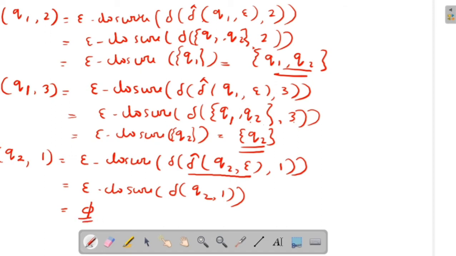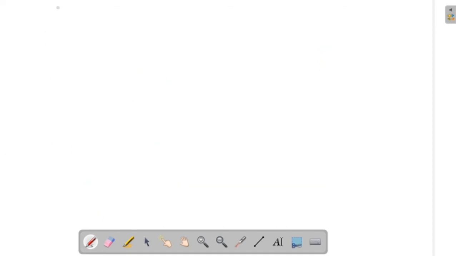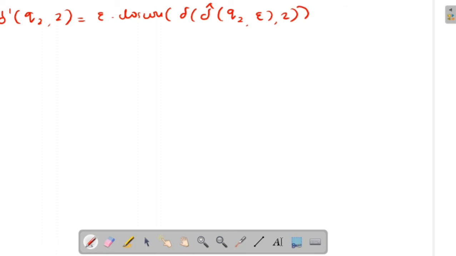Then next we have to find out what is delta dash of Q2 comma 2. Delta dash of Q2 comma 2 is equal to epsilon closure of delta cap of Q2 comma epsilon comma 2.